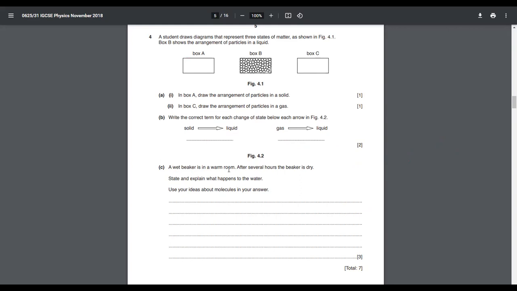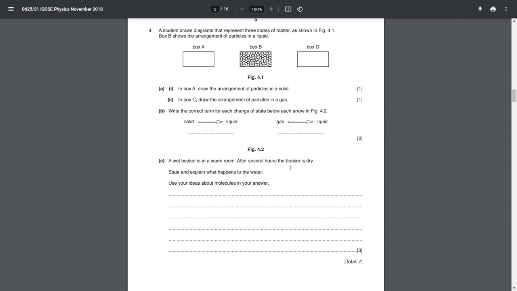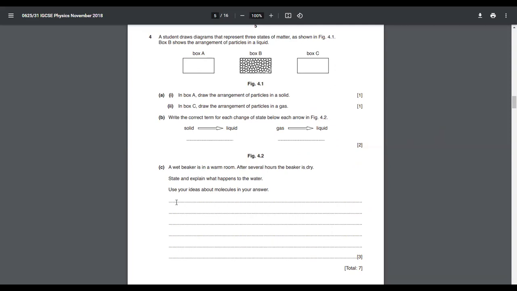A beaker in a warm room: after several hours, the beaker is dry. State and explain what happened to the water. After several hours without any heat, what will happen to this wet beaker is that it will experience evaporation. Use your ideas about molecules in your answer.